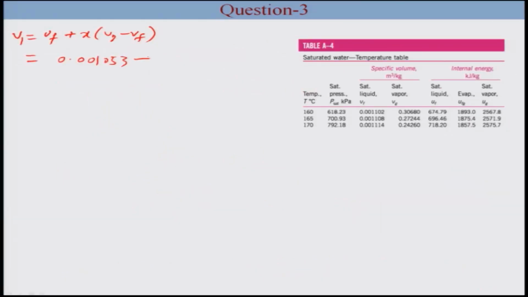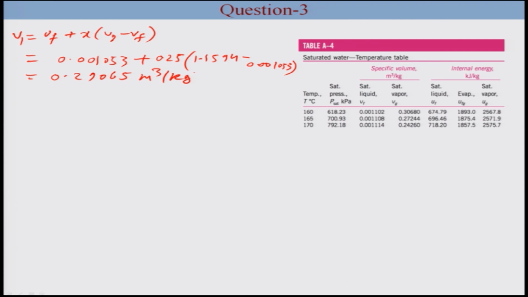So 0.001053 plus 0.25 into (1.1594 minus 0.001053). Okay, so this gives us 0.29065 meter cube per kg.